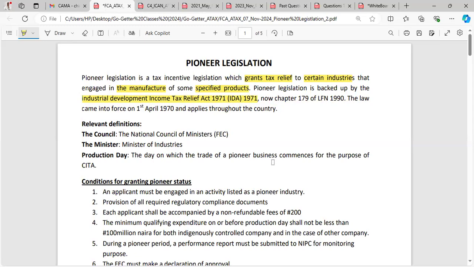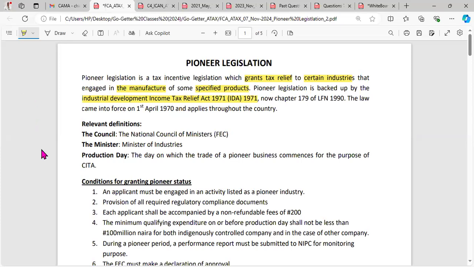All right, so what about some definitions that we'll need to know? There are certain definitions we need to know. For example, where you see the council, we mean the National Council of Ministers or the Federal Executive Council. Where you see the minister in your reading, you mean the Minister of Industries.